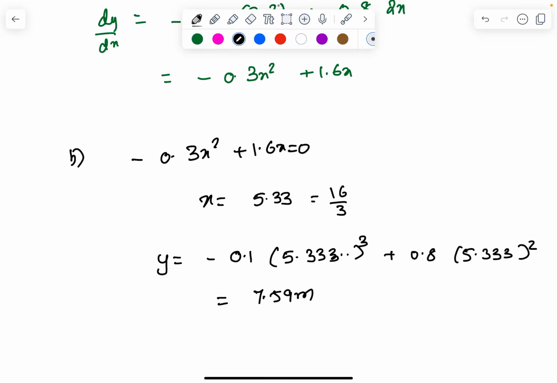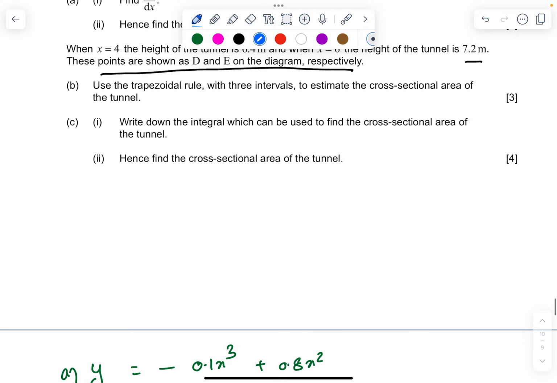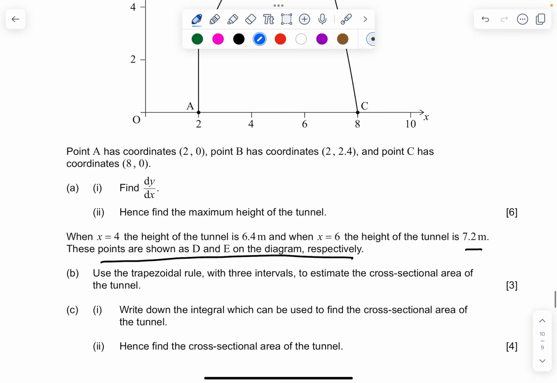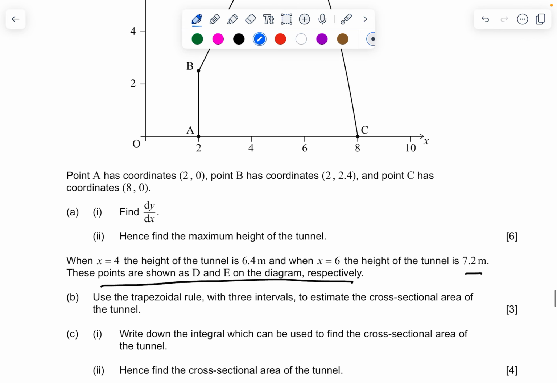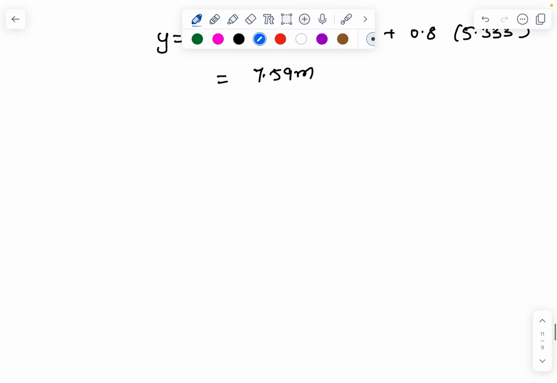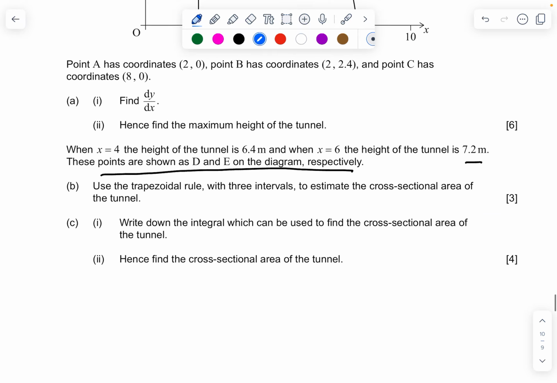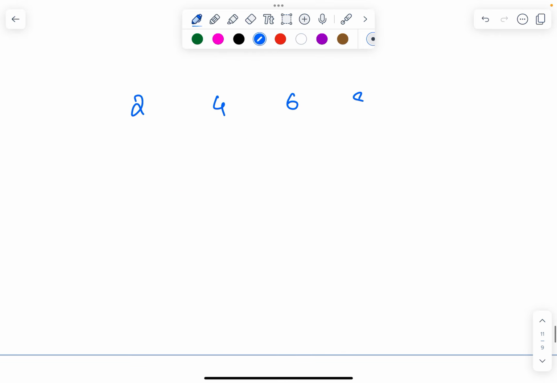Now for the trapezoidal rule. We make a table: 2, 4, 6 and 8. When x is 8, it is 0. When x is 2, it is 2.4.